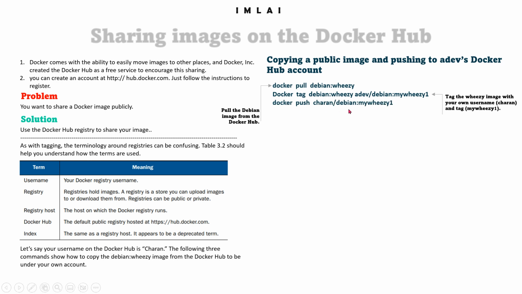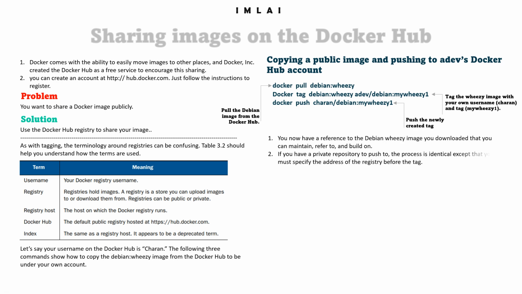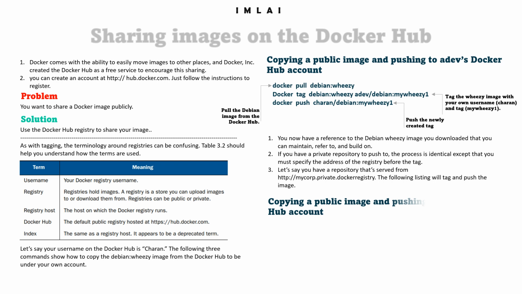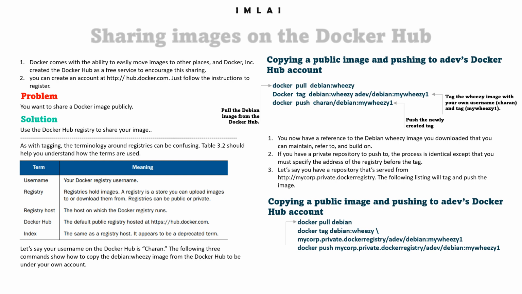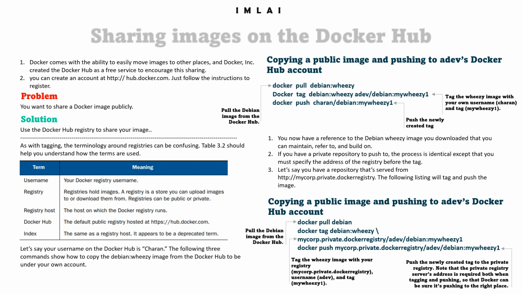Then you can do docker push. Once you do the docker push, it will be reflected in your Docker Hub account. So copying a public image and pushing it to your Docker Hub account is a similar way that we can do it. So let's do this experiment.